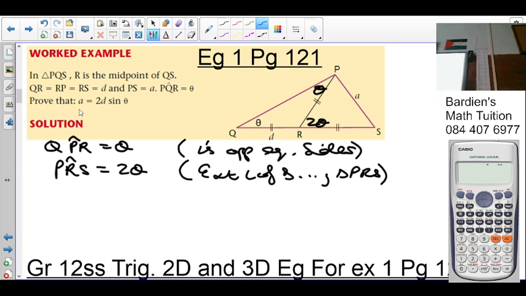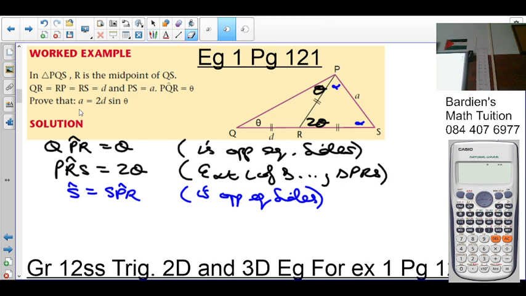We know that angle S is equal to angle SPR. Why? Because it's angles opposite equal sides, so those angles are equal.